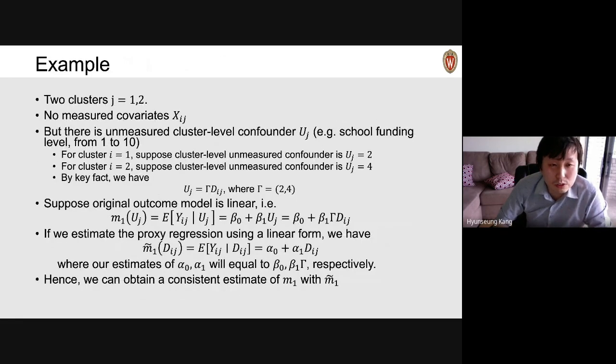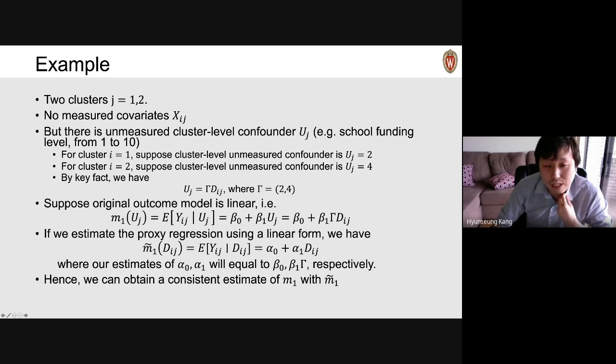Just to illustrate how this works, suppose there are only 2 clusters, there are no measured covariates, but there is an unmeasured cluster-level confounder, let's say school funding level from 1 to 10, 10 being great, 1 being not so great. Suppose for the first cluster the unmeasured confounder is U_j = 2, and for cluster 2 it is U_j = 4.